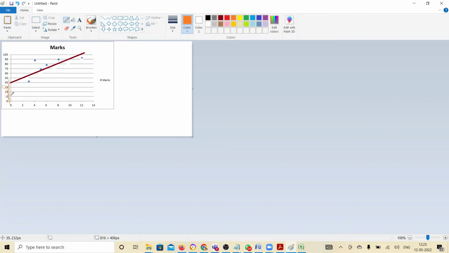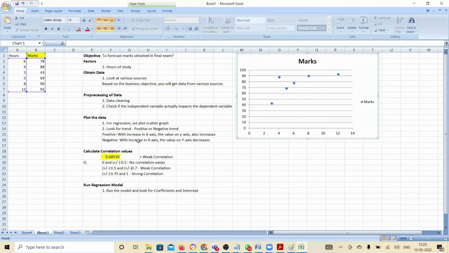And your M is slope. So M is nothing but, if you take this line, anywhere if you draw a perpendicular line to this, so y by x, okay, this by this is your M, slope. Okay, so anyway, our model, Excel or R or Python, will give us these values.